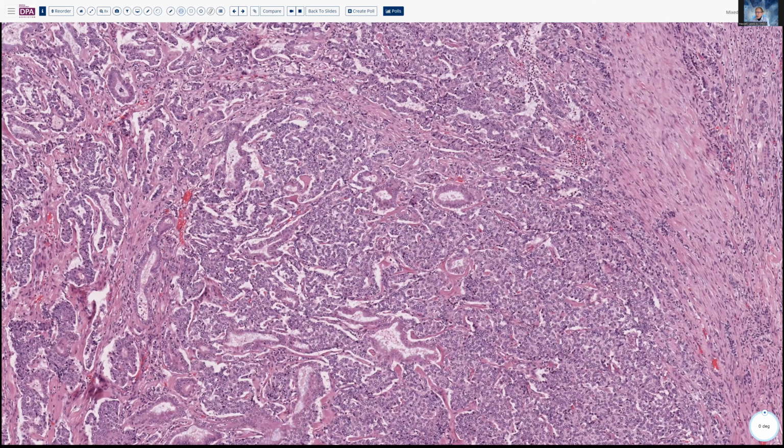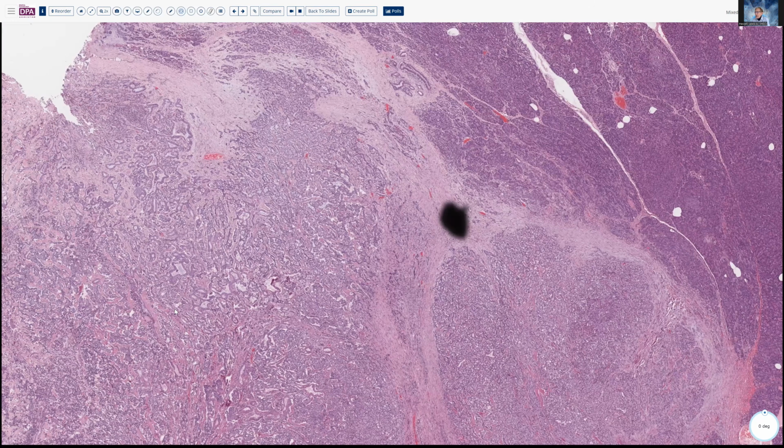That is an interesting possibility to consider, but I think the degree of involvement here is somewhat unusual. There's quite a bit of this tissue. If we look at it at low magnification, I think you can see that probably a third of the tissue in this section is involved by that kind of tumor.